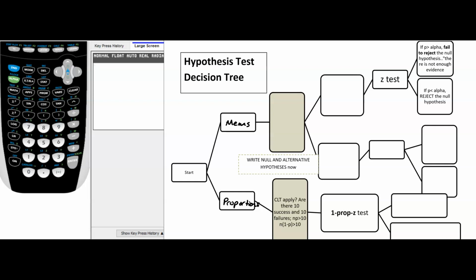In the last video, we saw that we would create some hypotheses. I don't know if I emphasized enough that the sample size in our problems needed to be at least 30, or our original population needed to be approximately normal.